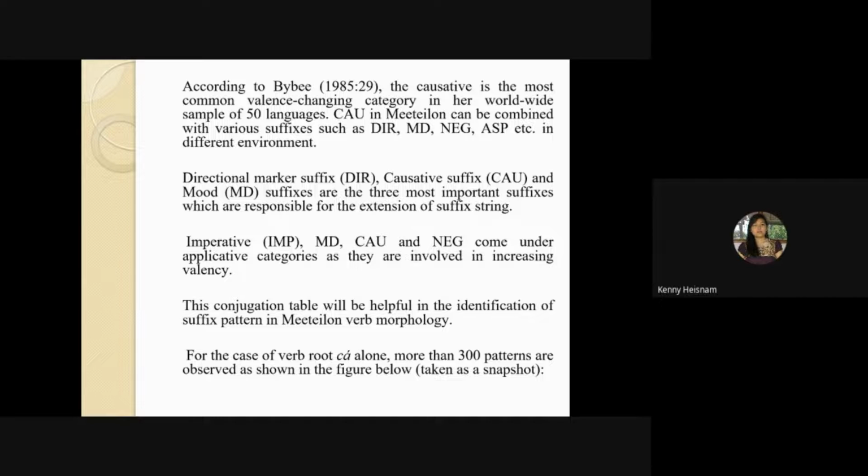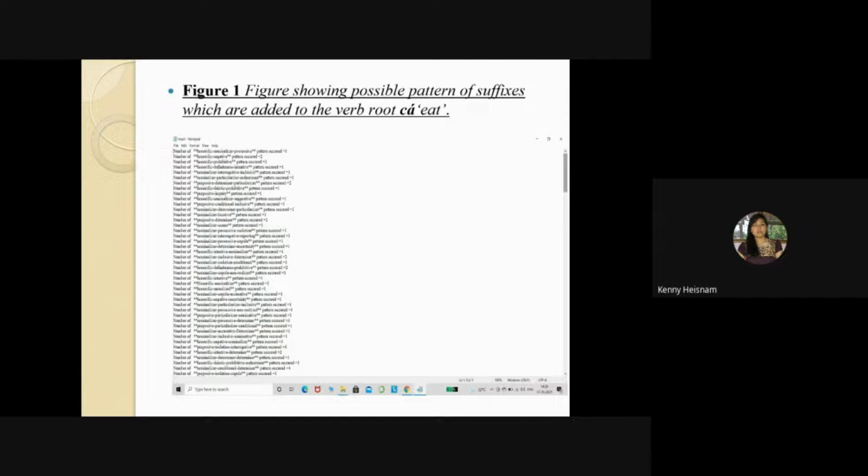From that, the unique words come under 2 lakh words. And for the verb root cha alone, more than 300 patterns have been observed, as shown in the figure below, which has been taken as a snapshot.